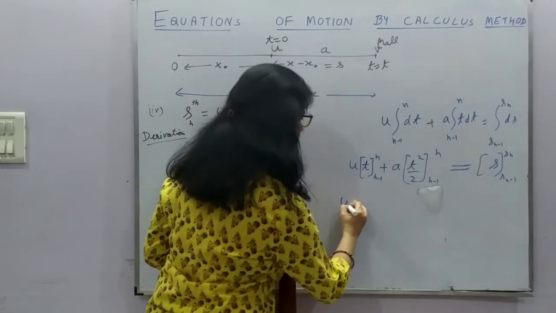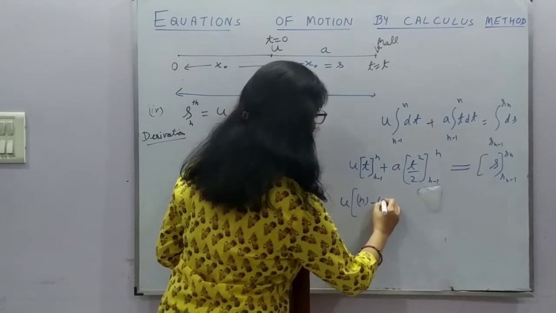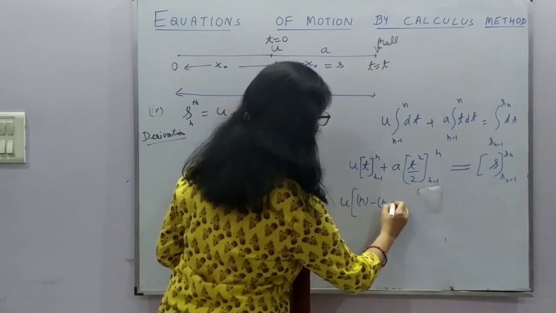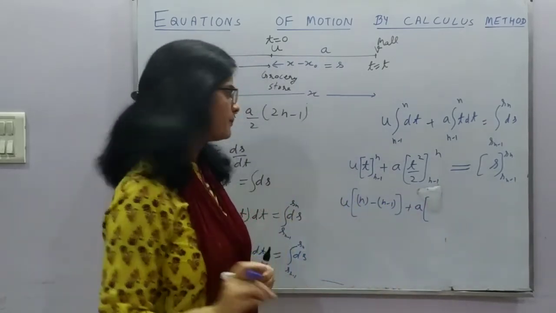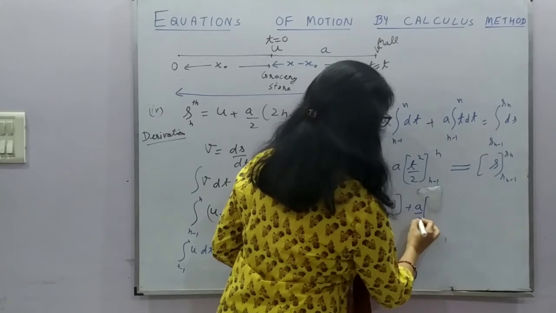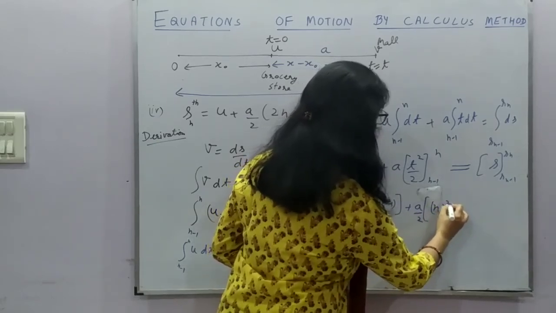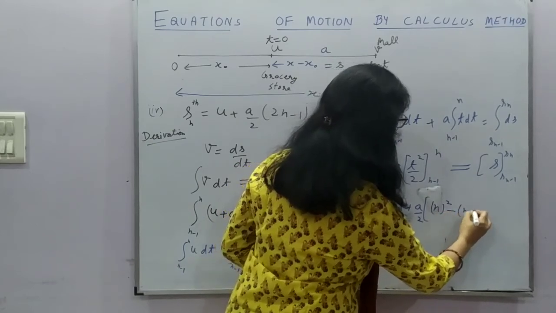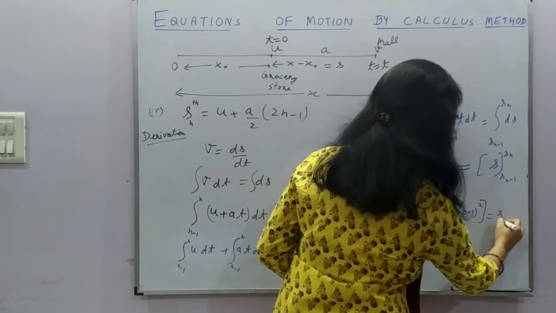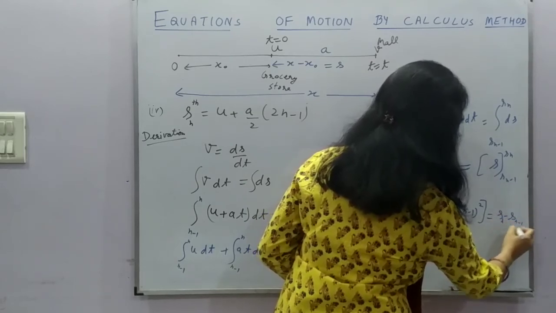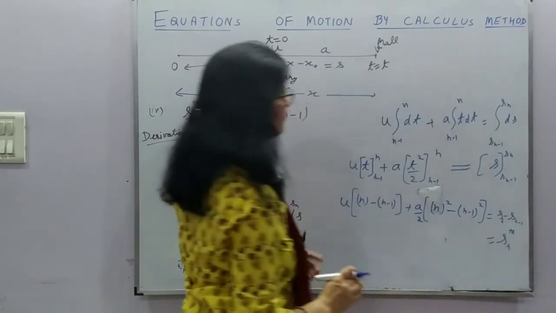Now u, upper limit n minus lower limit, for t we are writing n minus (n minus 1), plus a upon 2, I can keep this outside. So t is n square minus (n minus 1) whole square. And distance of n minus distance of n minus 1. This means distance travelled in nth second.